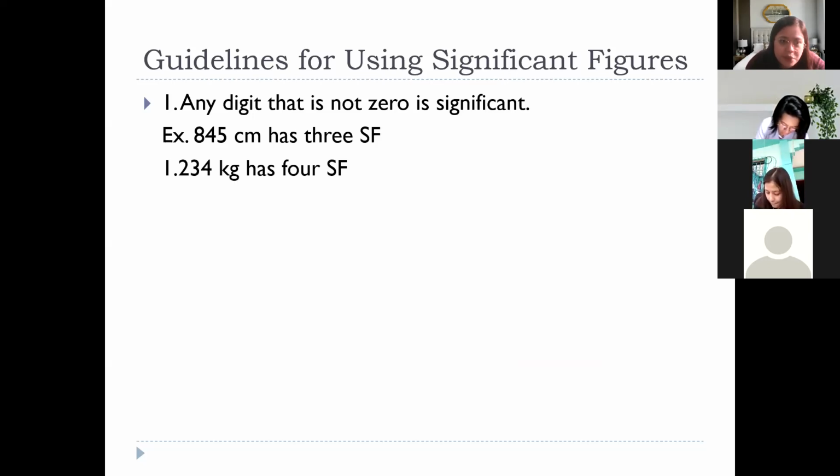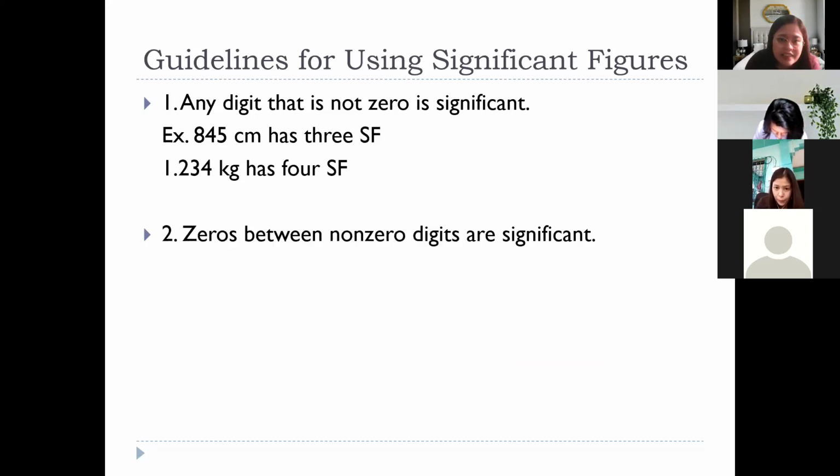And then we have another one, 1.234 kilograms. Everything here is a non-zero digit, so all are significant. So 1.234 kilograms has 4 significant figures. And then another one, zeros between non-zero digits.